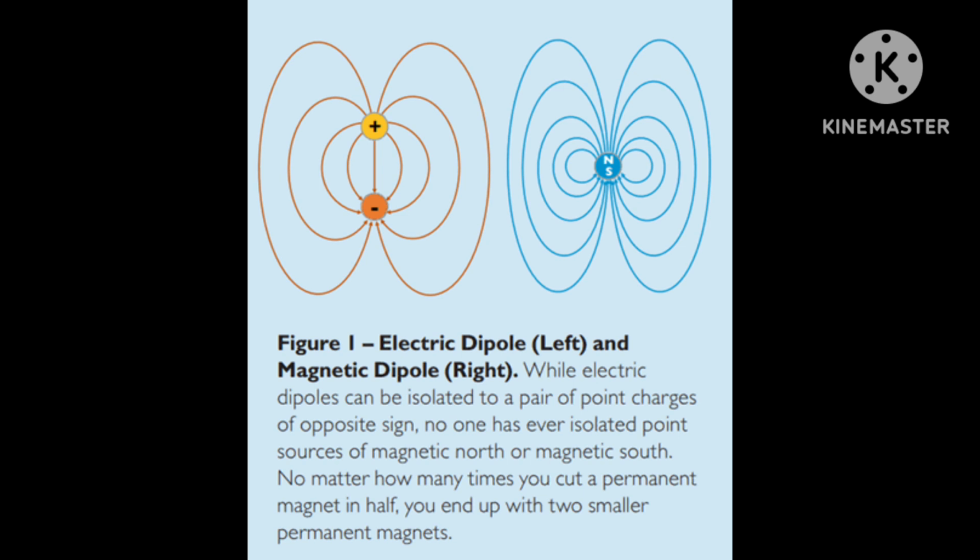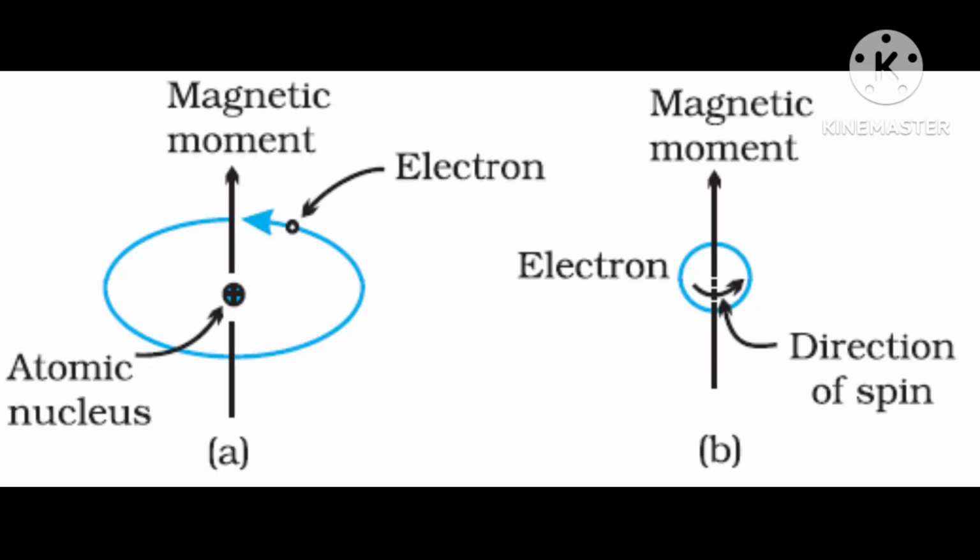But here, even when the magnetic field is removed, the magnetic property will be there. The ordering of domains persists, and the ferromagnetic substance becomes a permanent magnet.